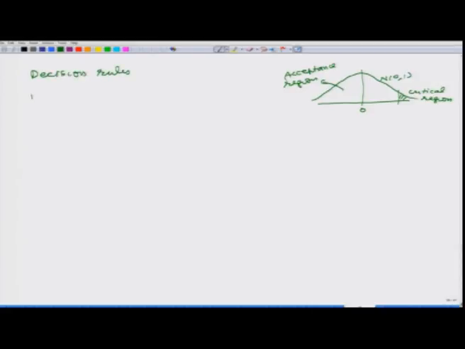Suppose my alternative hypothesis is beta 1 greater than beta 1 naught. In this case, the rule is reject H naught if Z1 is greater than Z alpha, where alpha is the level of significance. This region here is alpha, and this region is 1 minus alpha.